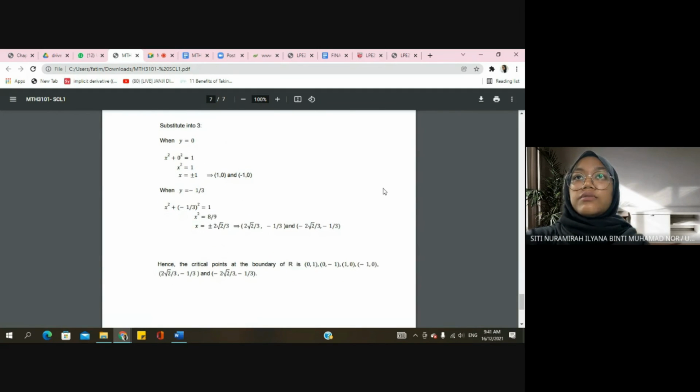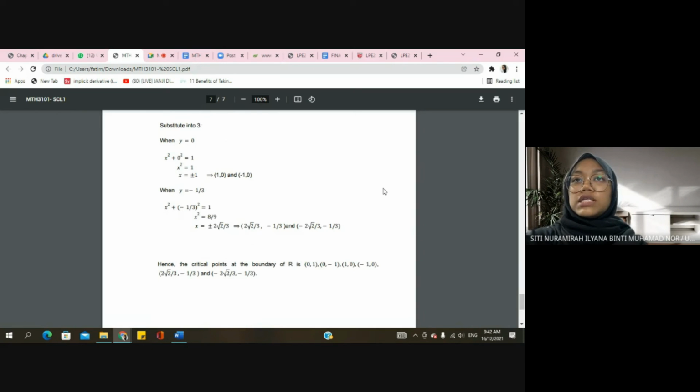After we get the value of y, we substitute it into the equation, and when y equals 0, we get x = ±1, which makes another two critical points, which are (1, 0) and (-1, 0).